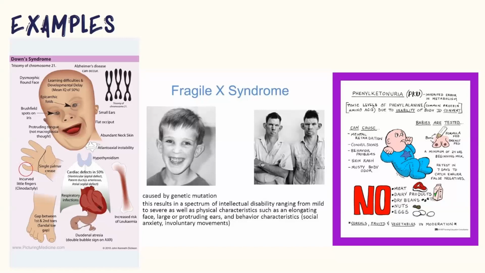The main hallmarks of this disease are irreversible intellectual disability, seizures or convulsions, behavioral abnormalities, microcephaly, skin disease, and body odor. These are the products not given to those with phenylketonuria: meat, dairy products, dry beans, nuts, and eggs. All right, next.